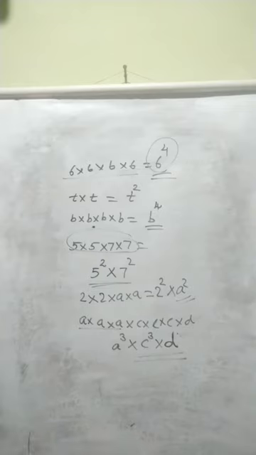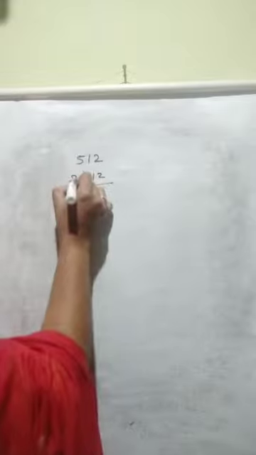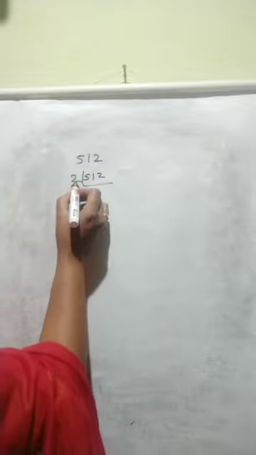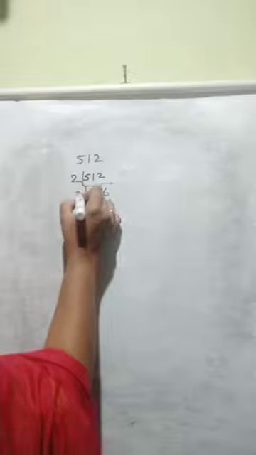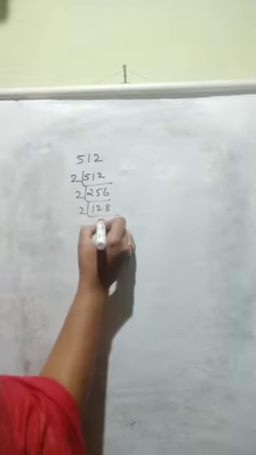Okay. Next, exponential notation. We have to convert 512. We have to divide this by 2. Here we have to divide by using prime numbers. That is 2. Then 256, again by 2, that is 128. Then 2, 64.